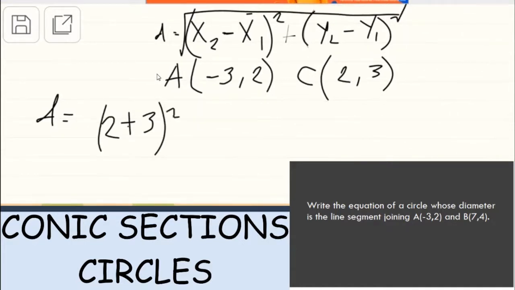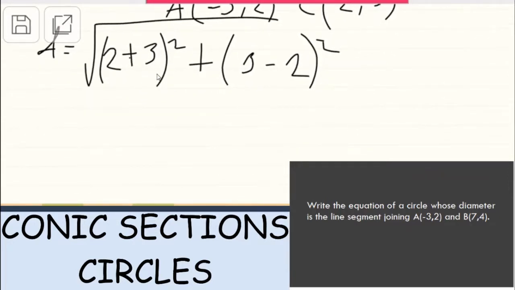Squared, plus y sub 2 will be 3 minus 2, y sub 1, squared.